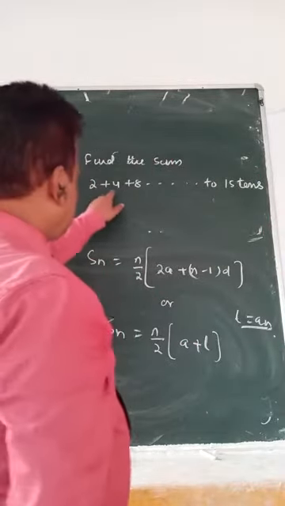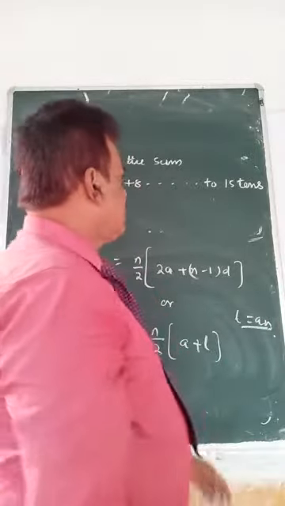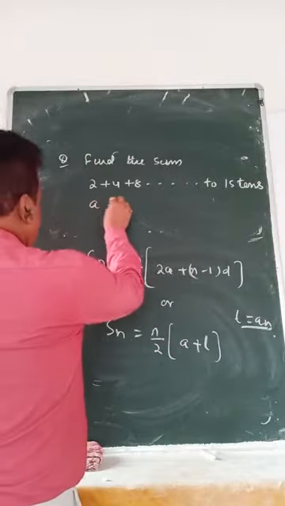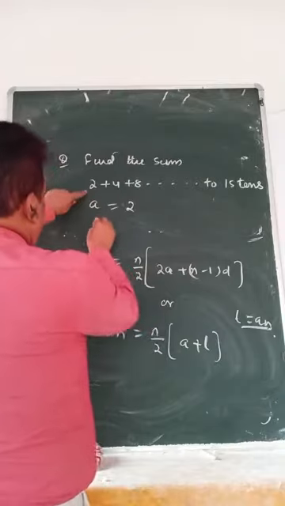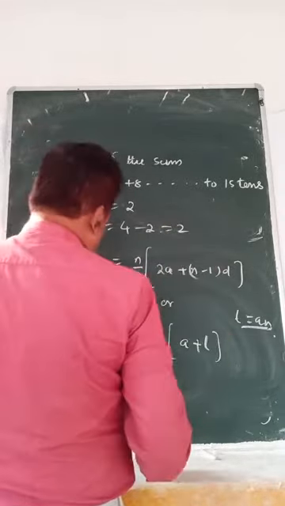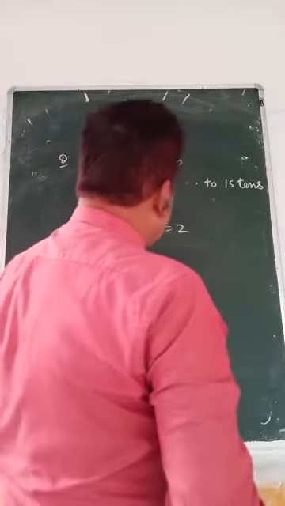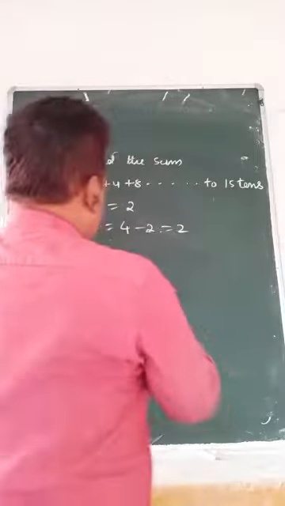Means like this, there are 15 terms. You have to find its sum. So here a equals 2, d equals 4 minus 2, that is 2. Now look here, up to 15 terms means n equals 15.